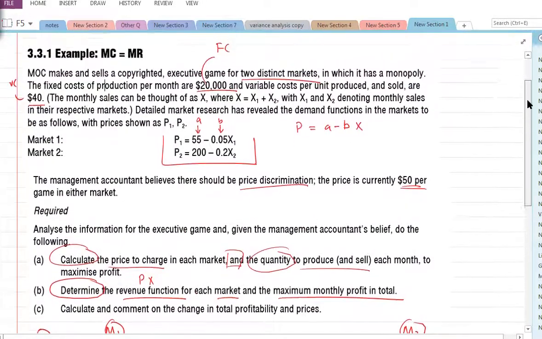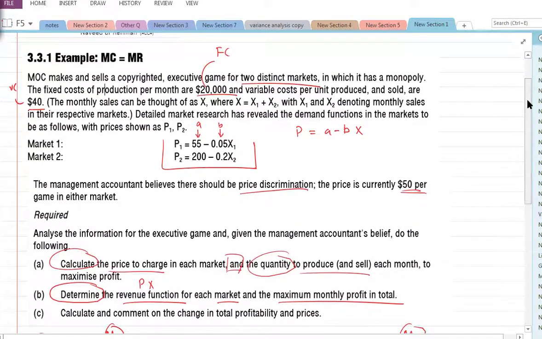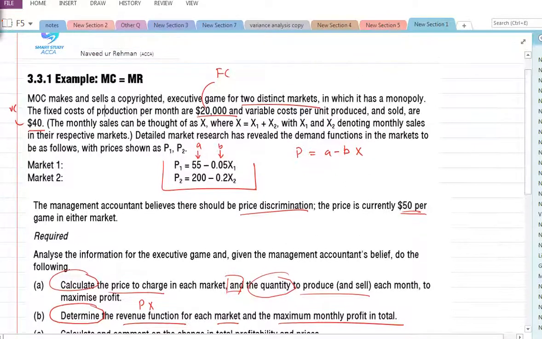Let's see the question once again, right? Now, if you see, the cost will remain the same, right? How do you find out the cost? You see, the total cost is equal to fixed cost plus variable cost per unit multiplied by the number of units.